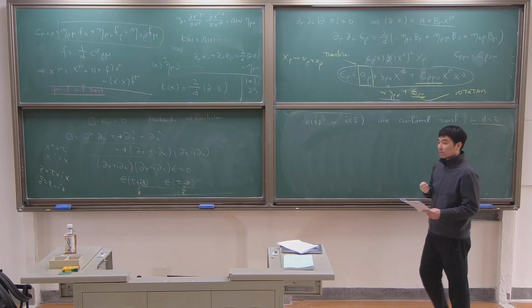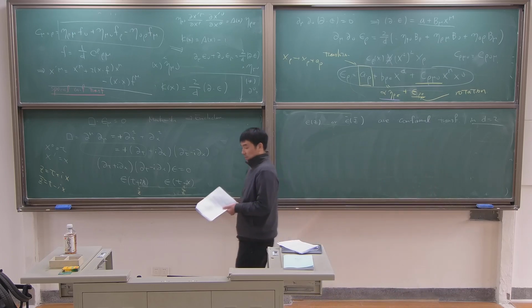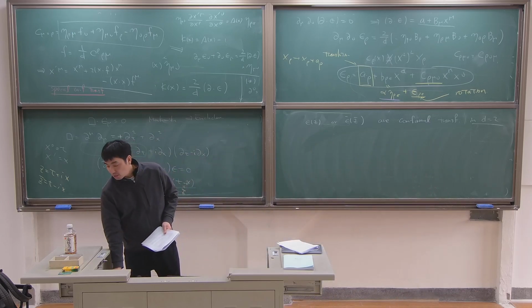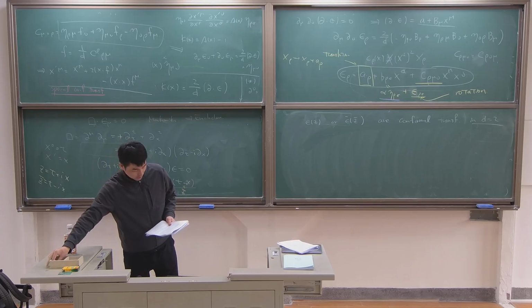That's the key property in the d equal to 2 case.